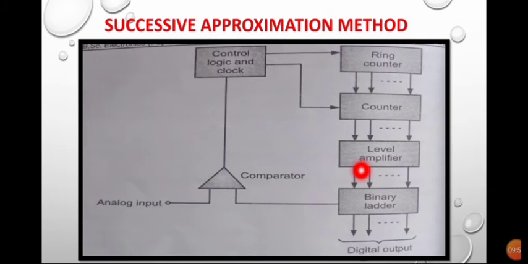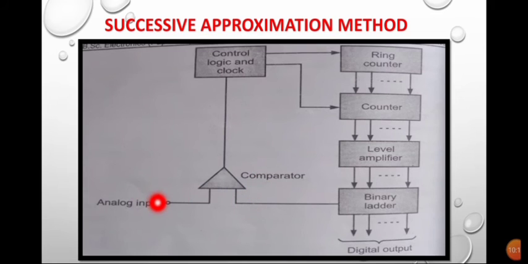Successive approximation method. Here the analog input is applied over here. This is the comparator. Again here you have the control logic and clock. This is the ring counter, level amplifier, and binary ladder. Here the digital output is nothing but the output of this binary ladder, whose analog form is applied to this comparator.